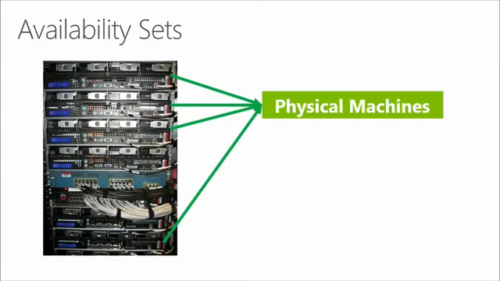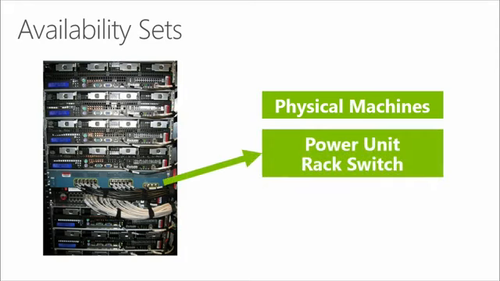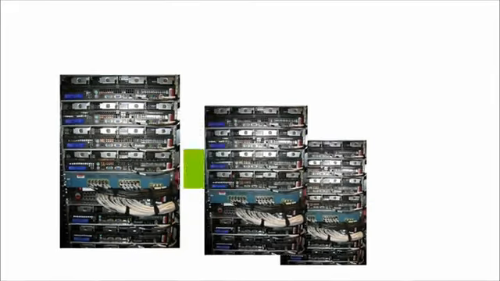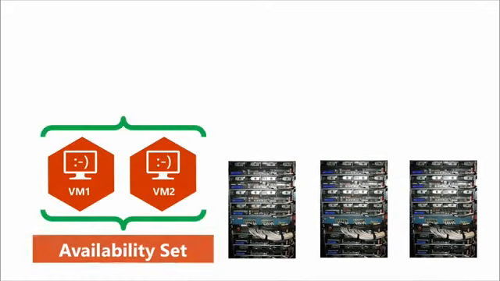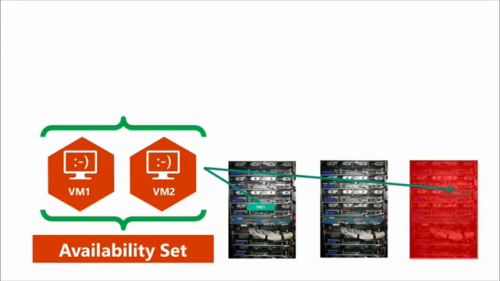So we are running a data center, so obviously we have physical machines, and we have a power unit and a rack switch in our racks. So when you create an availability set using 2 or more VMs, you're basically telling Azure, as I mentioned, just put these virtual machines in different physical locations.